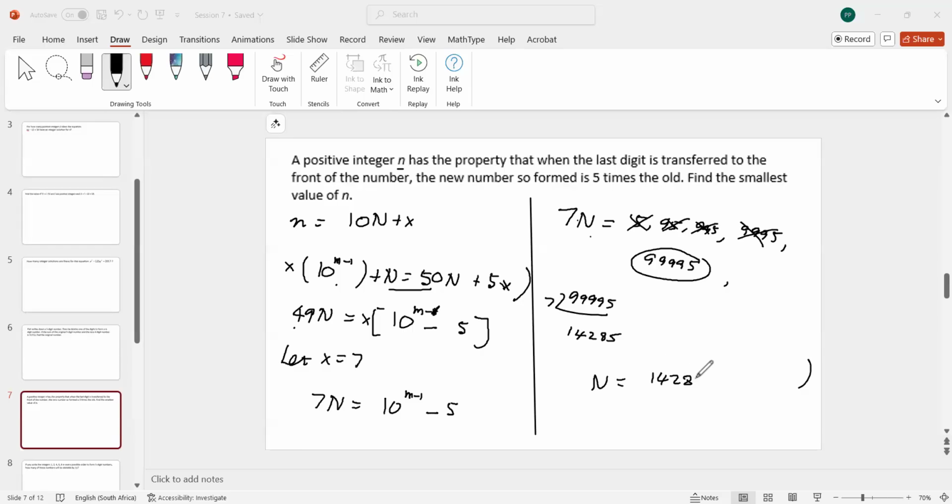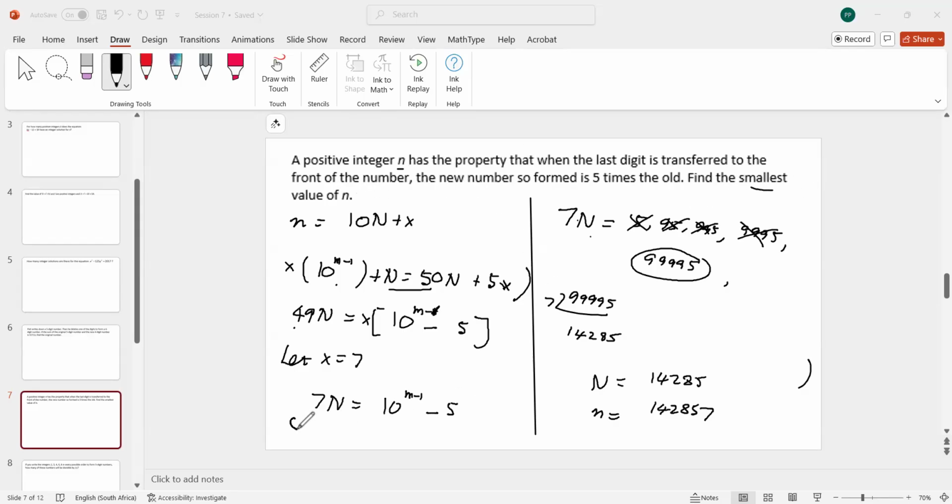In this case, your small n will be equal to 10 times this, 14285, and times 10, and the x was 7 in this case. We chose x to be 7. Now, if x is not 7, then n is larger. I'm not going to discuss this. This is the smallest. You're looking for the smallest value of n.